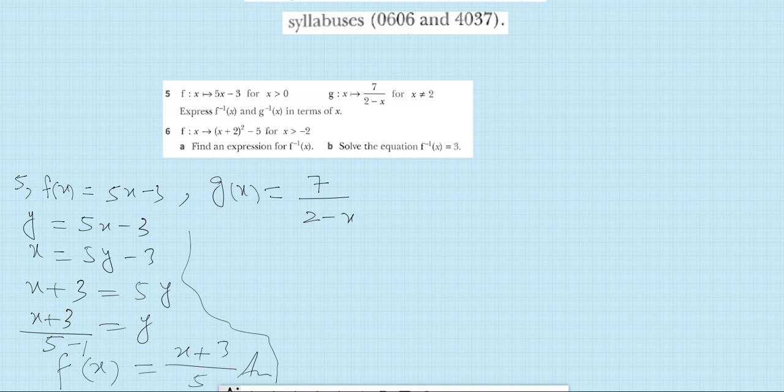The second is to find g inverse. Again replace this g(x) by y. Students, if you see f(x) or g(x) or h(x) or anything other than x, you always replace it by y. So g(x) replaced by y is 7 upon 2 minus x.